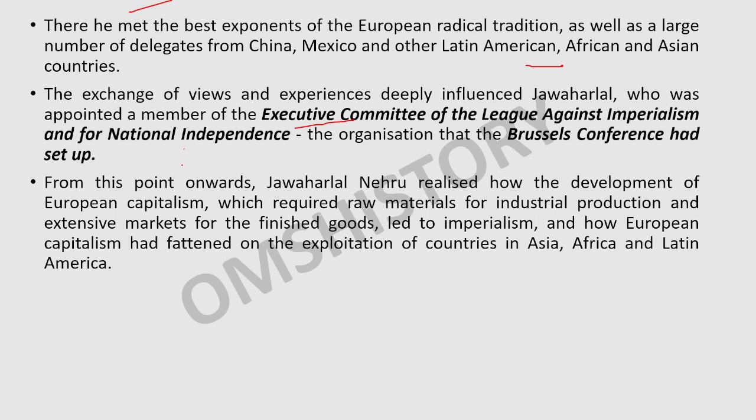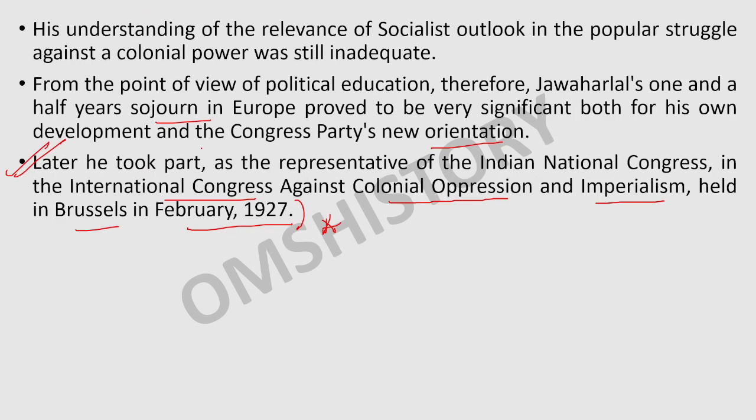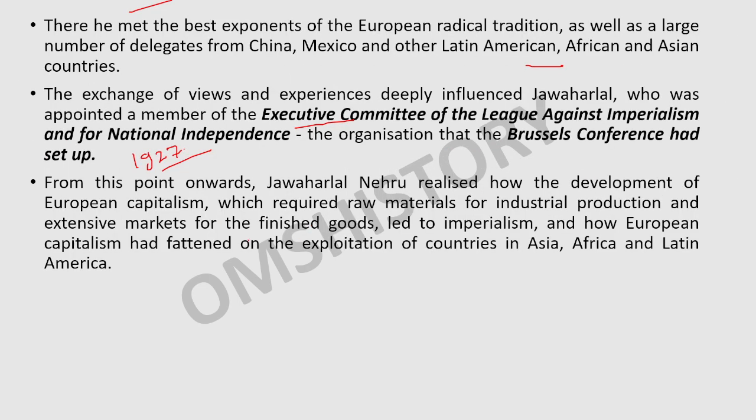This League Against Imperialism and National Independence, or League Against Imperialism and Colonial Oppression, guys, was set up in Brussels only in 1927. In 1927, the Brussels Conference, which I was talking about just here in February 1927, this league was founded.